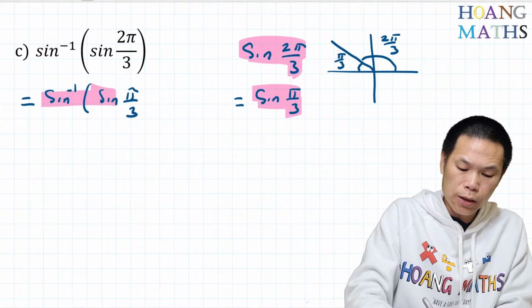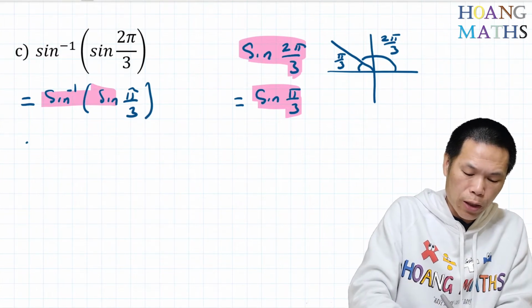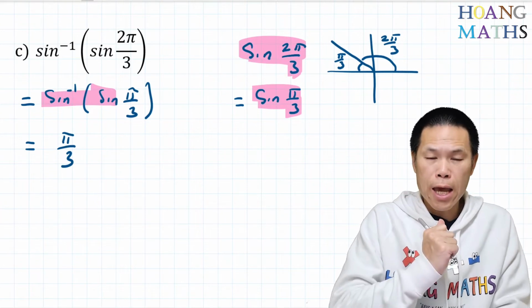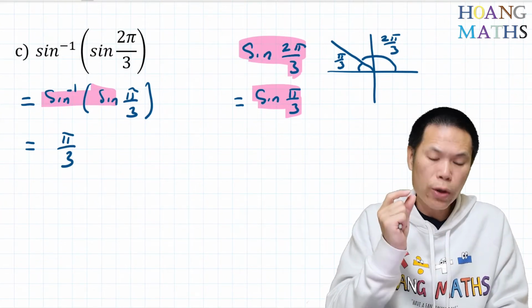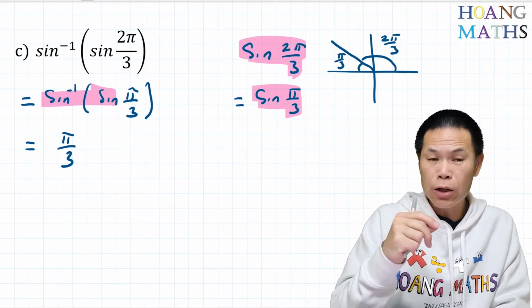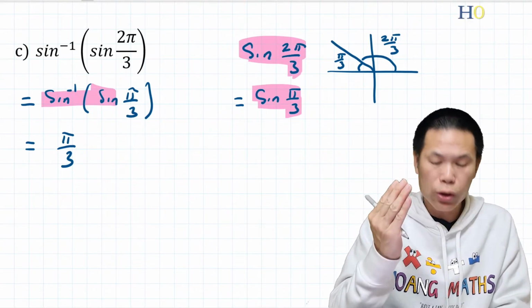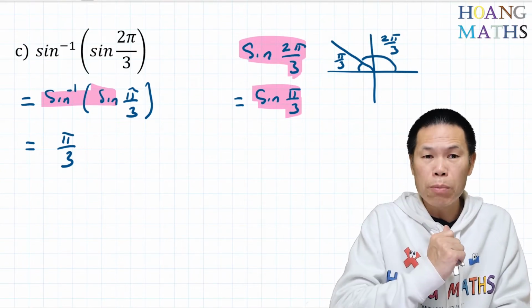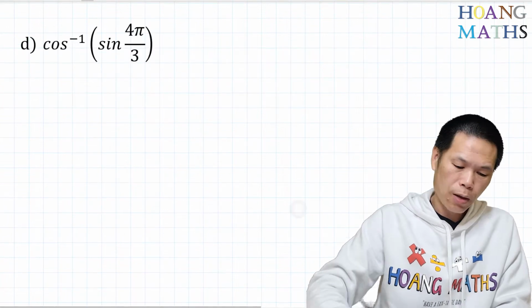Don't forget there are brackets here. So that will give me pi over 3. That is the answer. Otherwise, you can also evaluate sine of 2 pi over 3, and then whatever that answer is, you inverse sine your answer and you should get pi over 3. What is pi over 3? 60 degrees, right? 60 degrees is pi over 3. So keep that in mind.